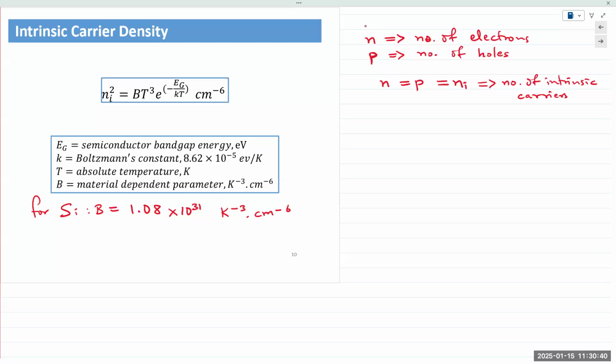Okay, that is different for different materials. Next slide, I have a small table which gives you the parameter for silicon, germanium, and gallium arsenide.